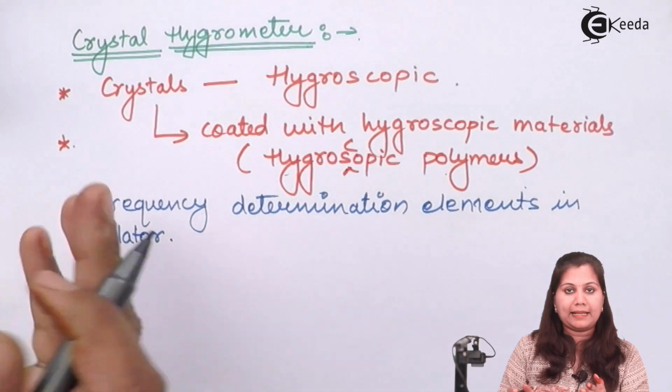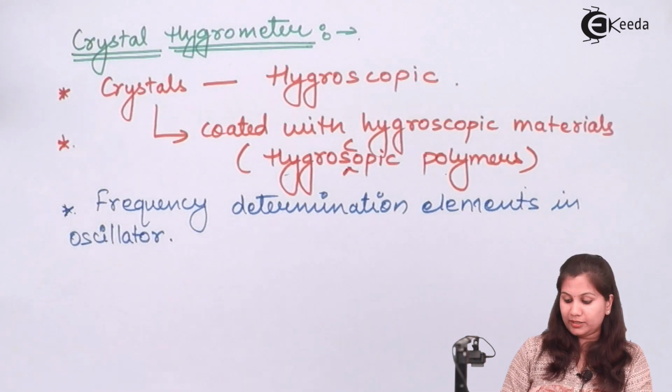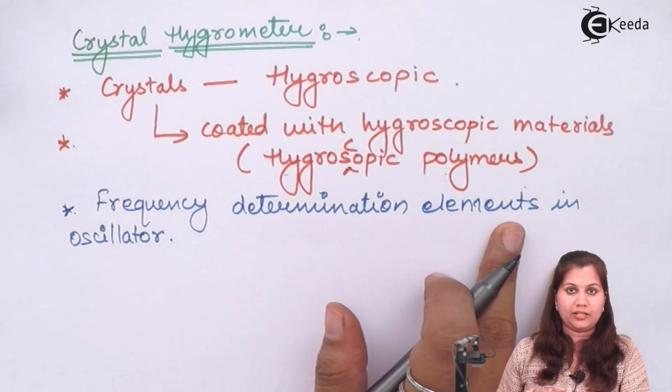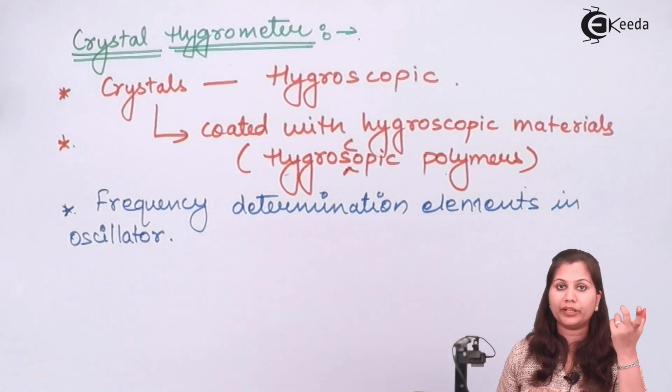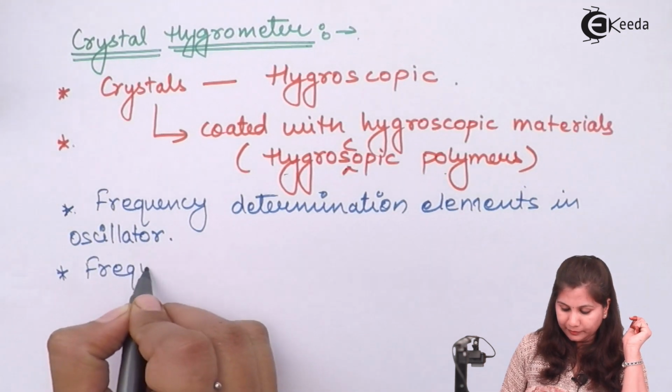Just like in the capacitive hygrometer, if there is a change in humidity and the capacitor is used as the frequency determination element, the frequency is also going to change. So frequency shifts due to humidity.